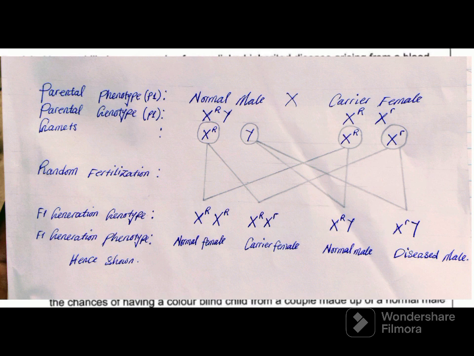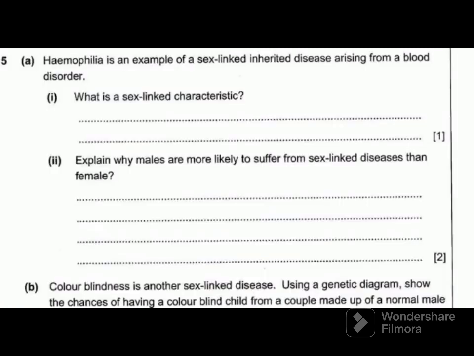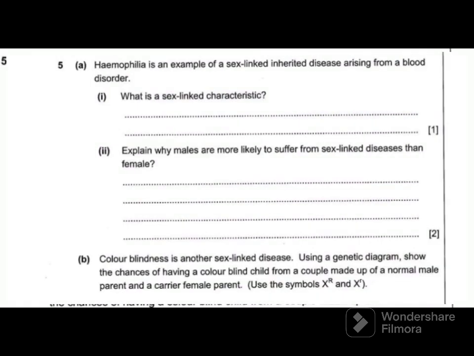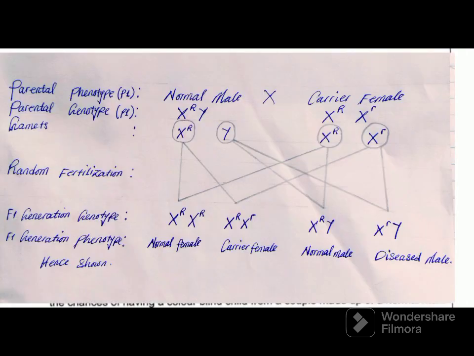Now the question was asking to show the chances of having a colorblind child from a couple made up of a normal male parent and a carrier female parent. So we should show the chances of having a colorblind child. This offspring at the end shows that this male offspring was diseased.